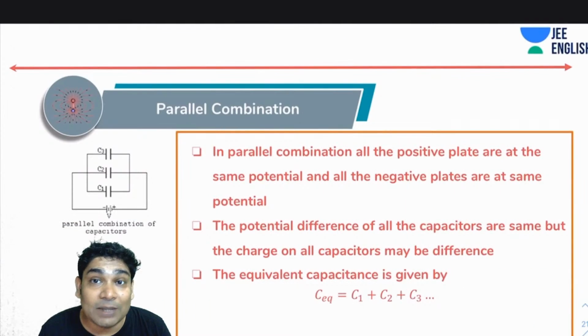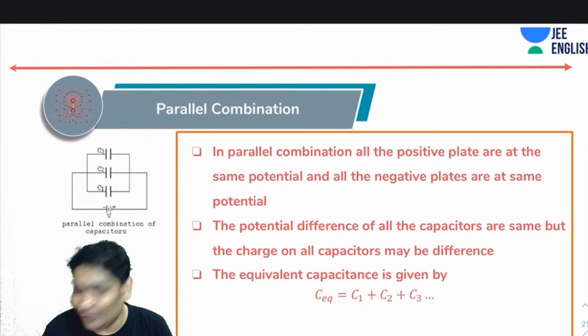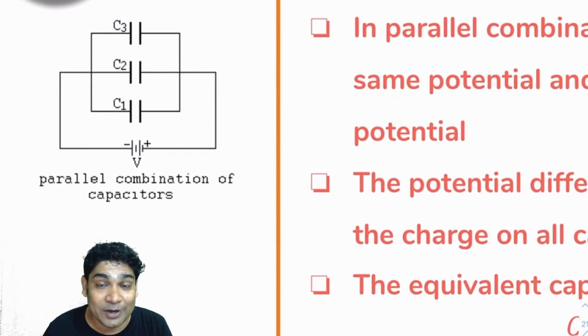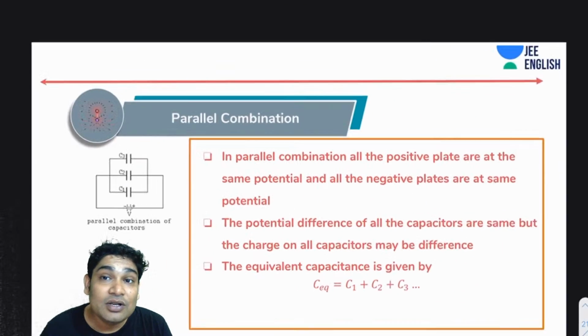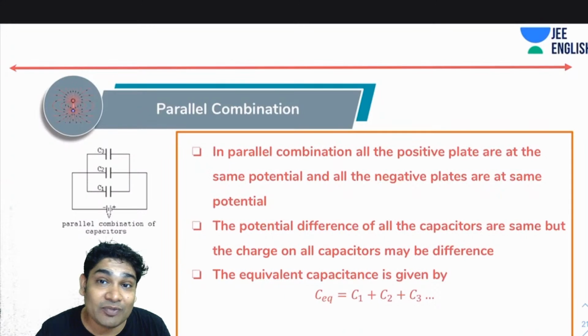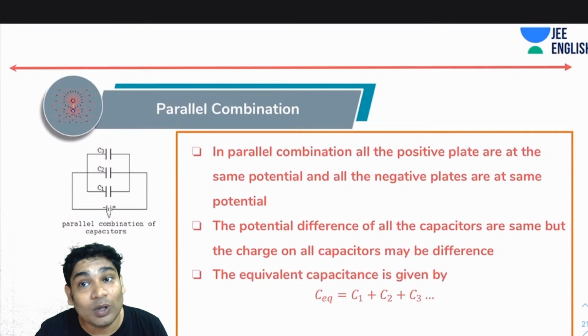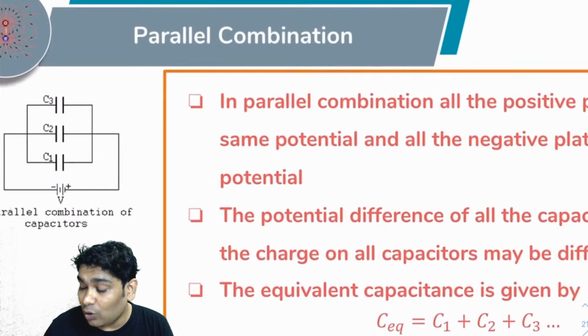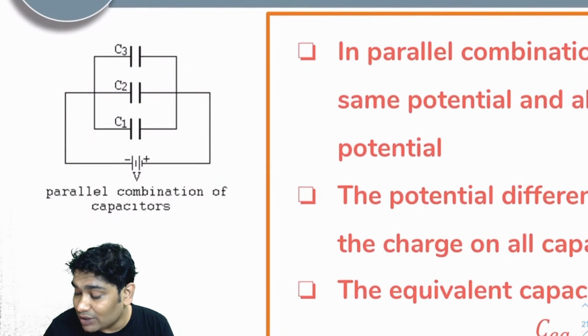Next, let's talk about the parallel combination of capacitors. Okay. So this is the parallel combination. I hope you remember this is how you connected your resistors also in parallel. So in parallel combinations, all the positive plates are at the same potential and all the negative plates are at the same potential. Obviously, you can see that. All the positive plates have been connected to this end of the battery.